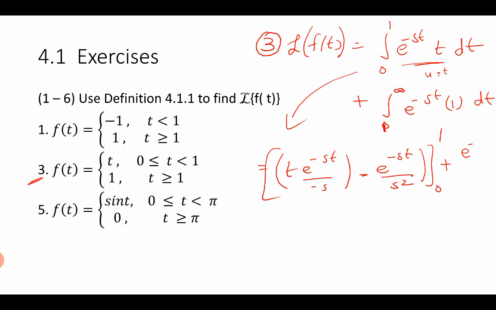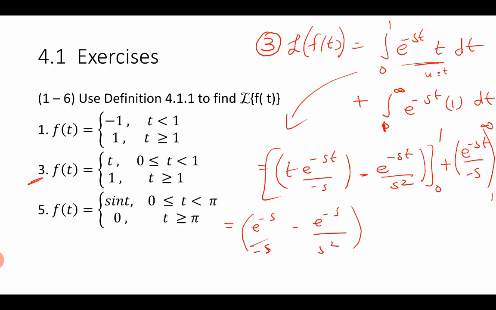The second part is very easy, e raised to minus st divided by minus s from 1 to infinity. The first part will give you, when you substitute upper limit 1, t is 1, e raised to minus s divided by minus s, minus e raised to minus s divided by s square.